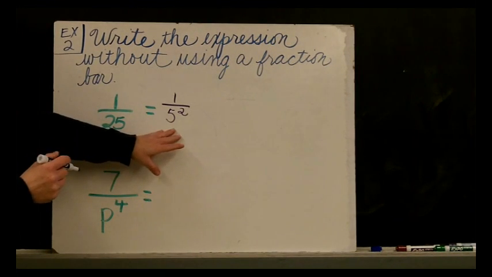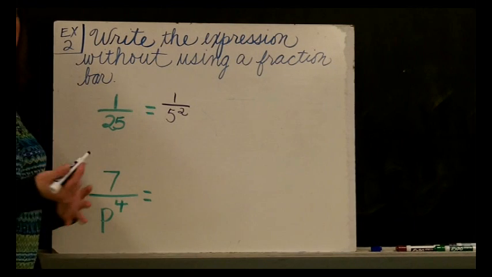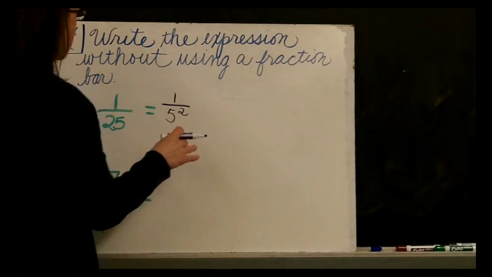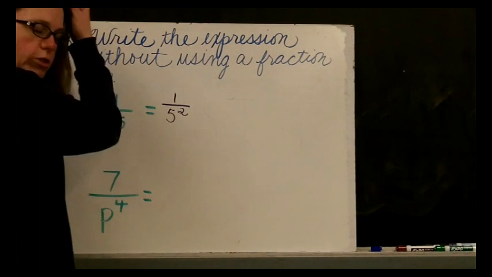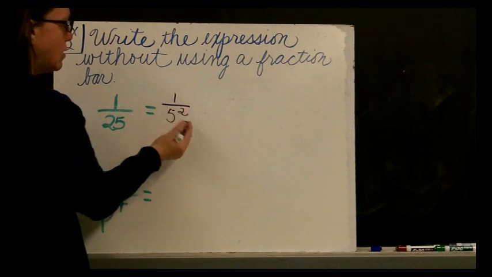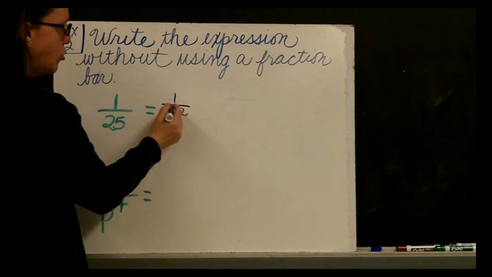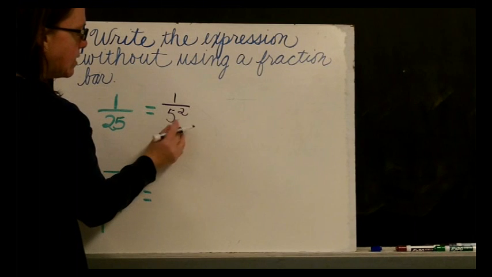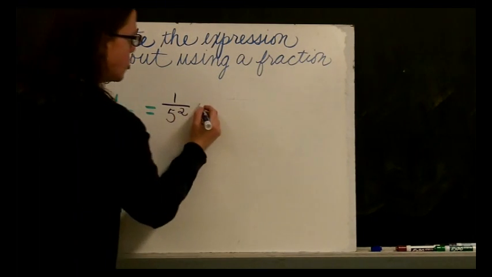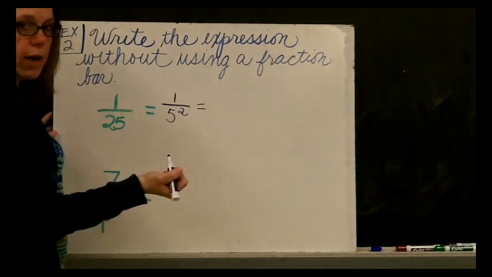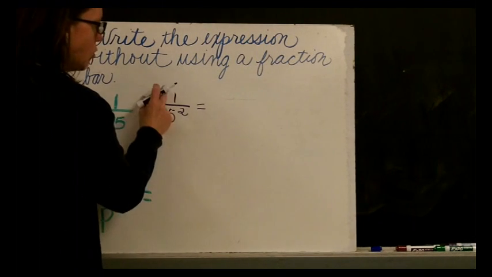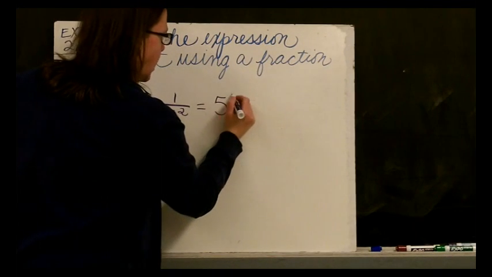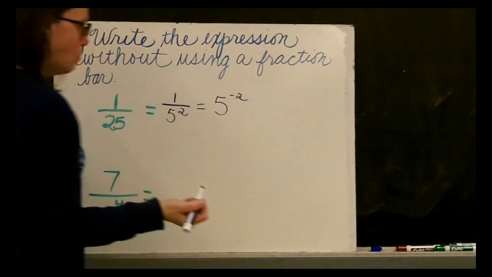Now that we have an exponent, we have to consider what to do. If you think about what we did in example 1 and in the boards before that, you know that when we have 1 in the numerator and a power in the denominator, it means this power is actually a negative exponent. So 1 over 5 squared means that it's 5 to the negative 2 power.